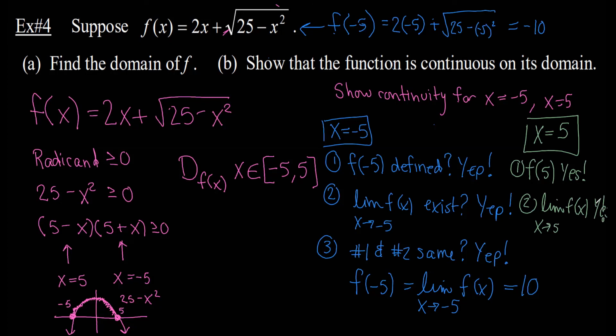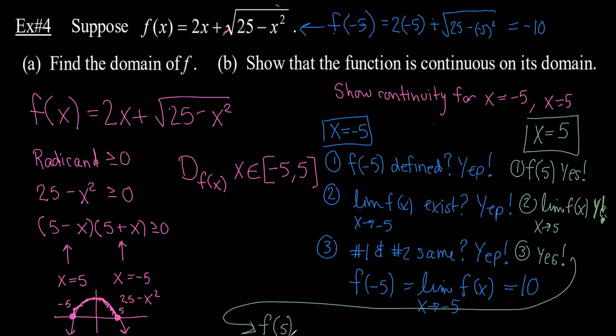Yes, it exists. And then for number 3, this is also a yes. This is the case where f of positive 5 is the same as the limit as x approaches positive 5 of f of x, which in this case is positive 10.